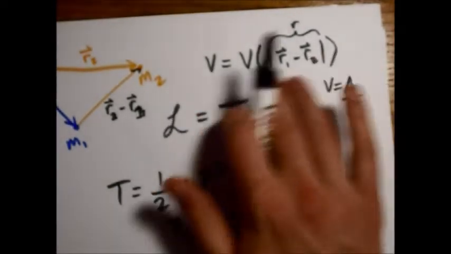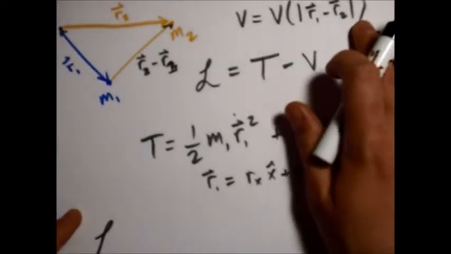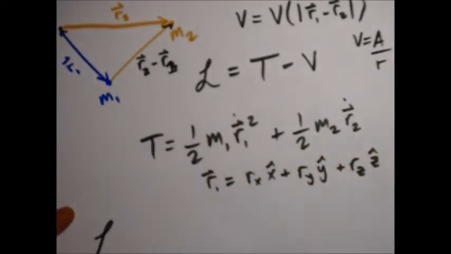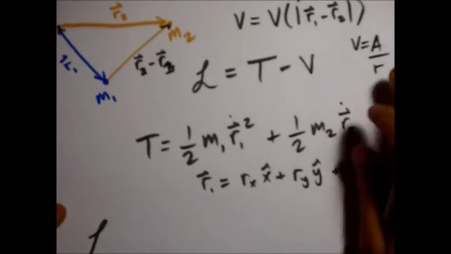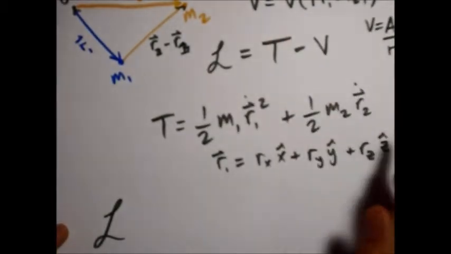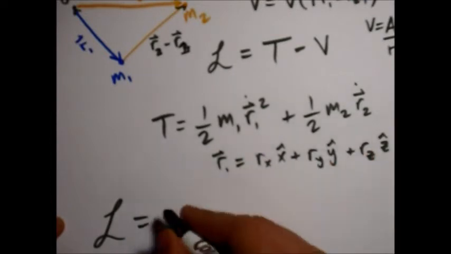But here we're just keeping it all general. So in general, it's just a plain central force. We haven't specified whether it's attractive or repulsive. The common example of 1 over r potential or some other crazy potential, we just keep it in this general form here. And so we get this T minus V, which is just what we had here.